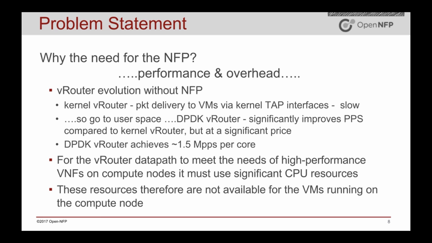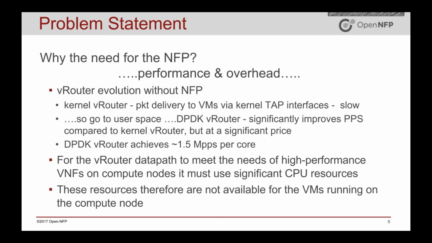So it's always relative, and I want to speak in relative terms. So the DPDK vRouter, yes, it did increase performance from the kernel vRouter. Let's say it's of this order of magnitude. You could even say it's 3 million packets per second for the sake of argument that it's able to achieve.